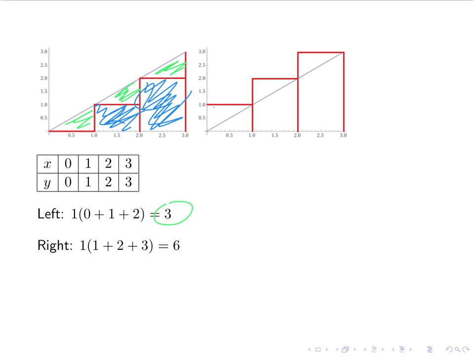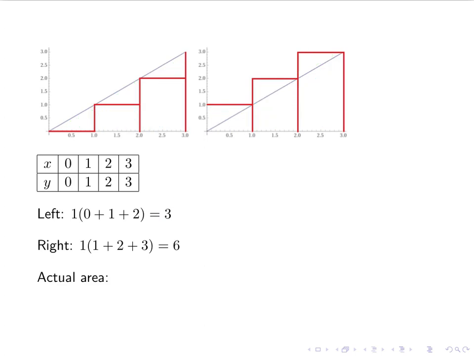Conversely, in my right, I've got all of this area, and that's too much. I need to take away this area in green. So I know that my right Riemann sum is an overestimate, and that 6 is too much for the actual area. Your answer won't always clearly be an overestimate or an underestimate. We'll see that in a minute. But in this case, they are.